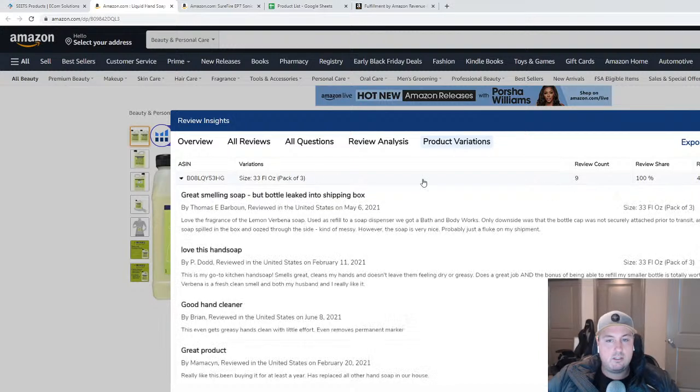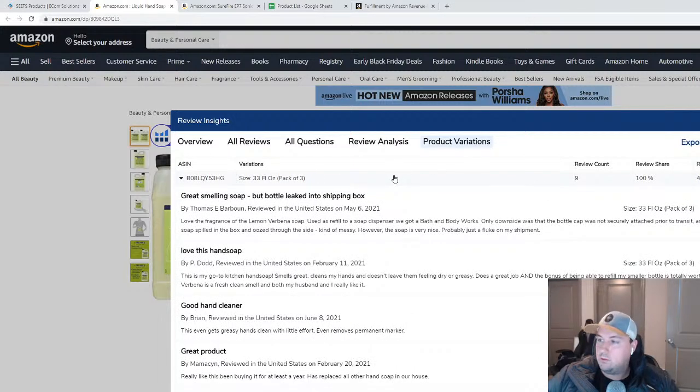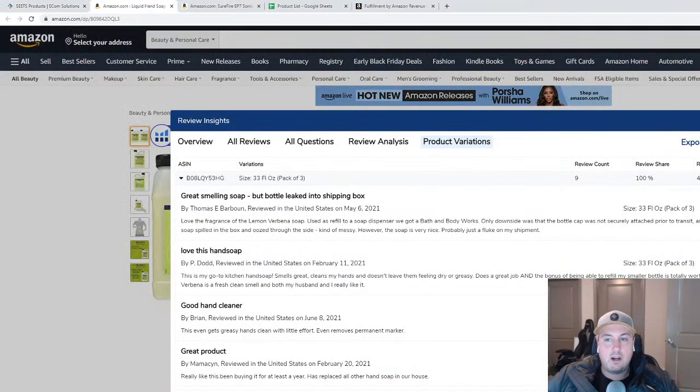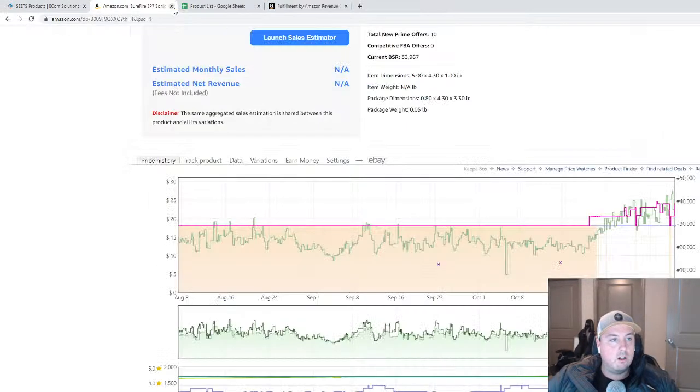So the only one, there's very little reviews from 2019 from the point that I had it, but it's the 53HG, so it's not that one. So I would not. Moving on.